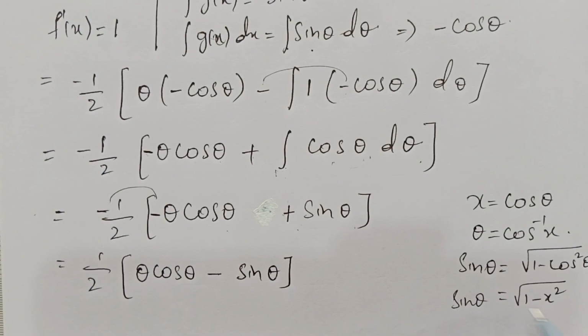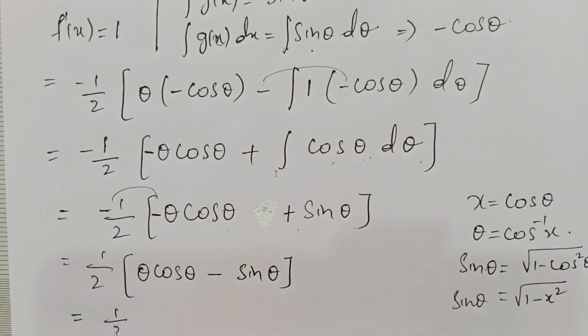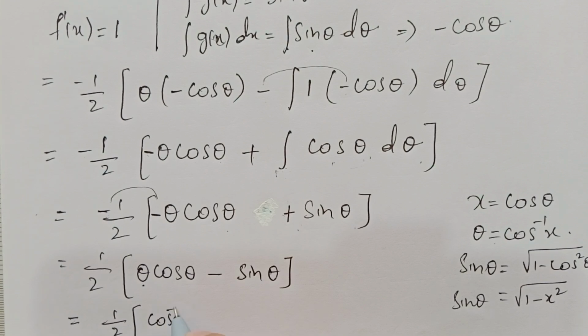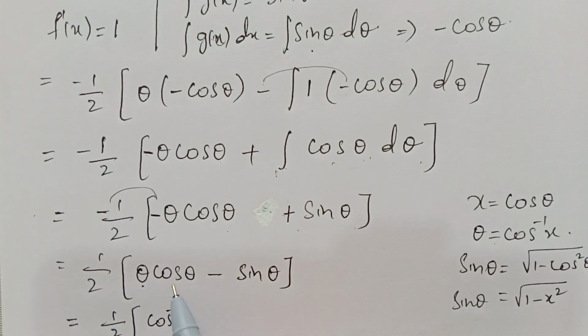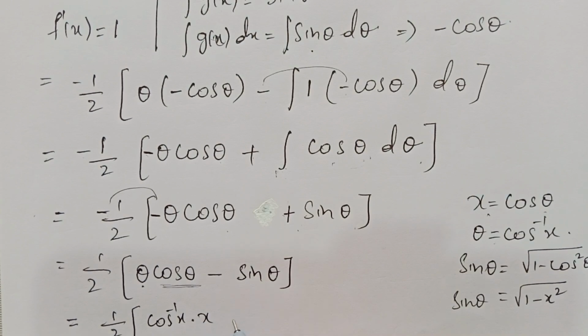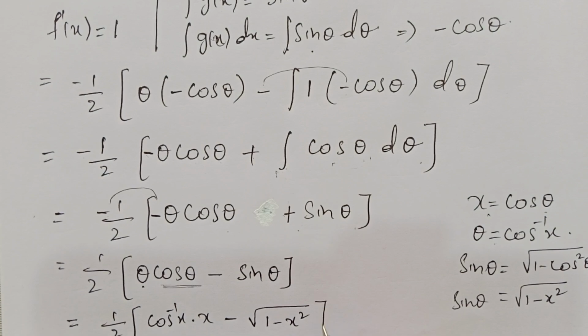Sine theta can be written as root 1 minus x square. So here it is 1 by 2 into the value of theta, which is cos inverse x, into the cos theta value, which is equal to x, so it is into x minus the sine theta value, root 1 minus x square, plus c is our answer.